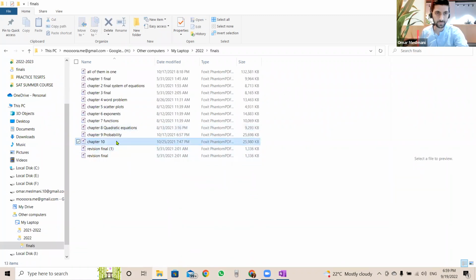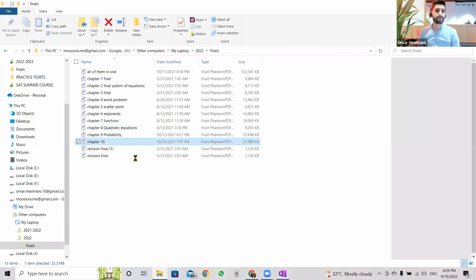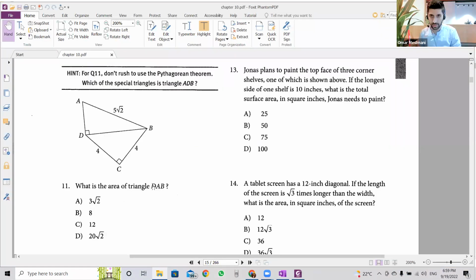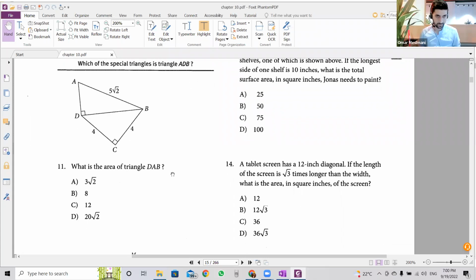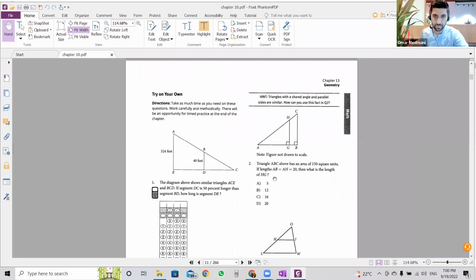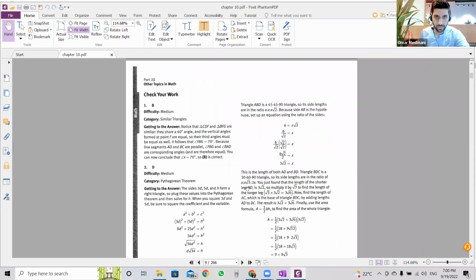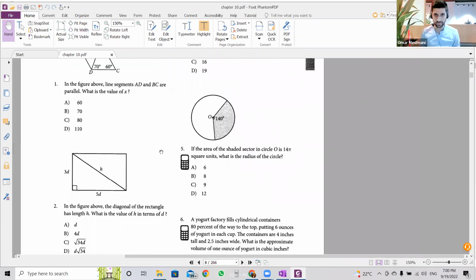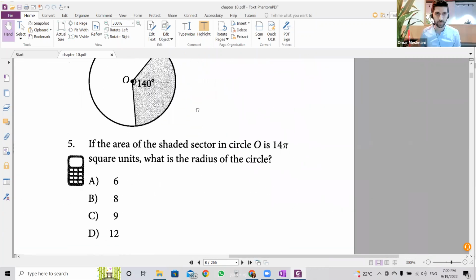Let's try to find them together. Can you hear my voice well? Circle, circle, circle. Okay, let's start with the easy one. Question 5. Take a minute to solve question 5.